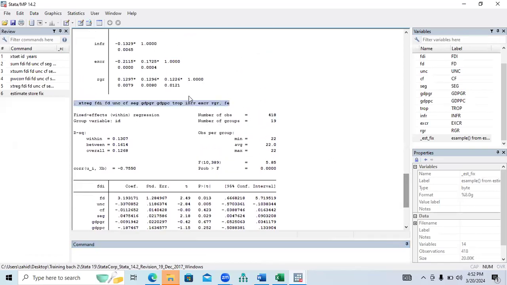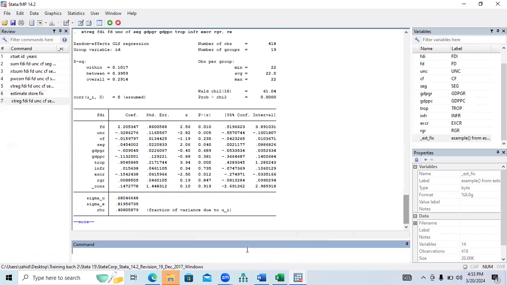You need to use the same command xtreg with dv and ivs, but you need to replace the fe with re for random effect. So if you run this command, you will see R square within, R square between, and R square overall. In this case, your R square has increased.